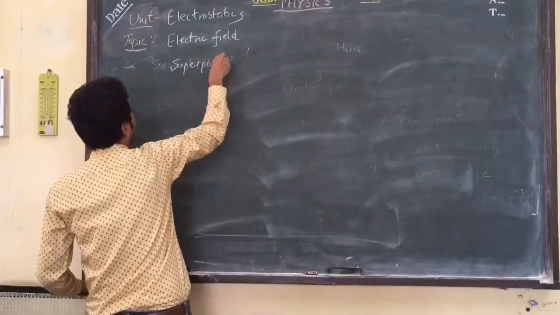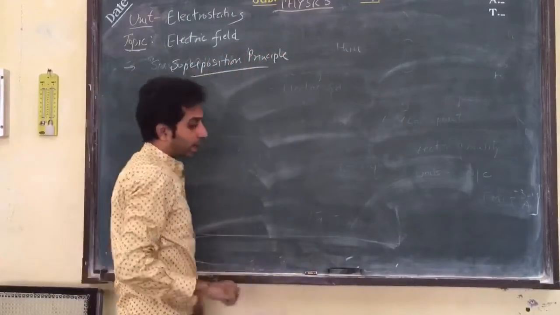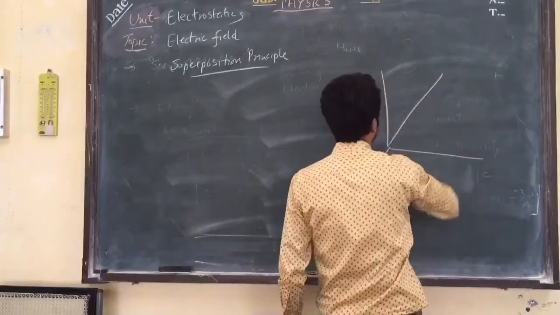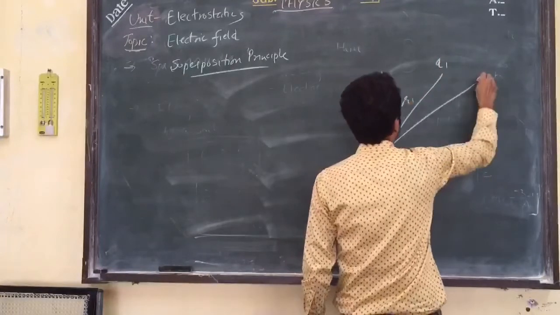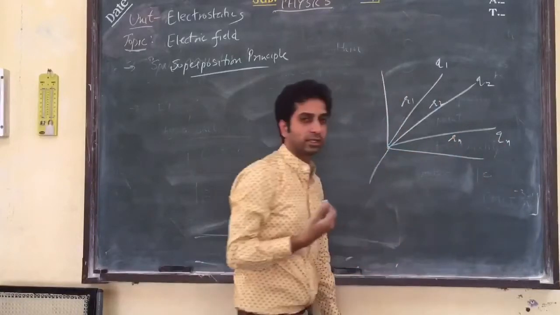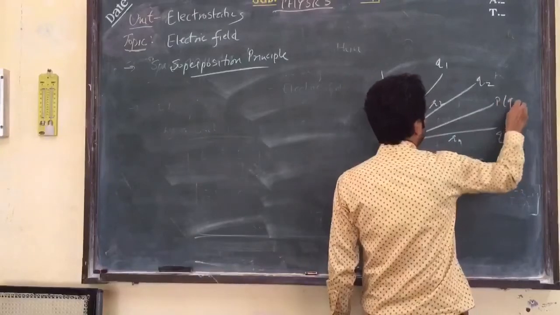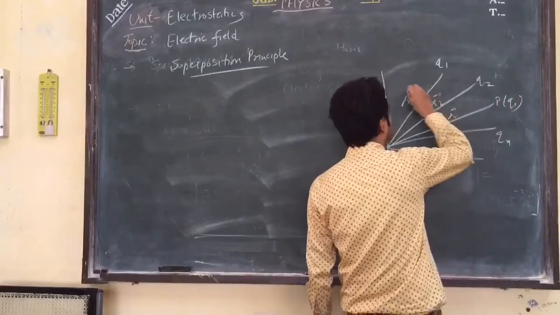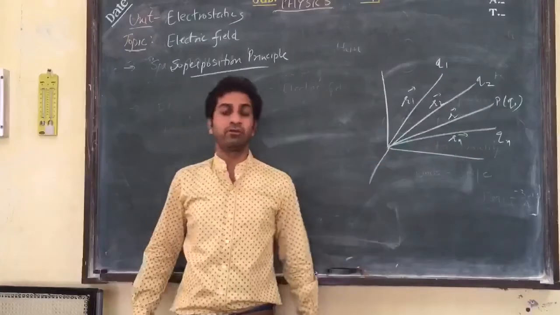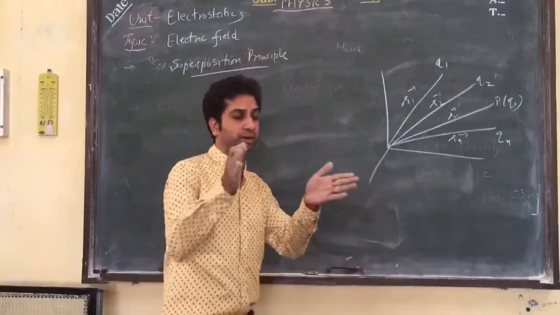If you have a number of charges in a system, placed at various position vectors, and you take n number of charges, and again you have some test charge placed at point P with position vector R. Superposition means superimposed.